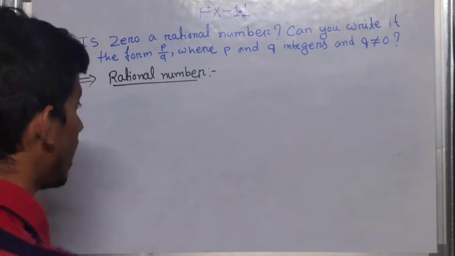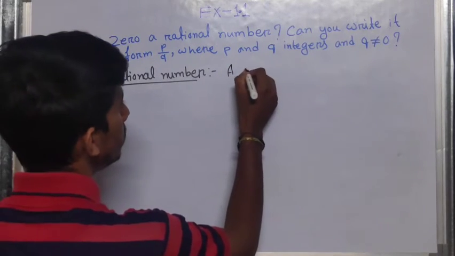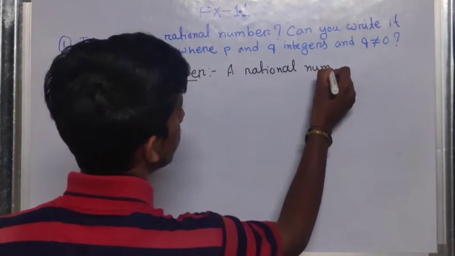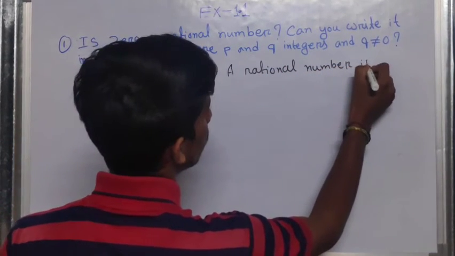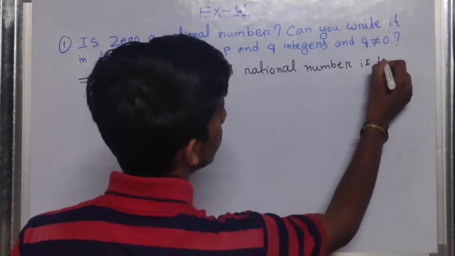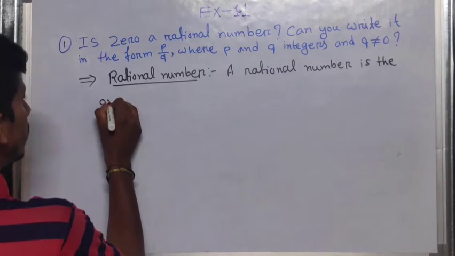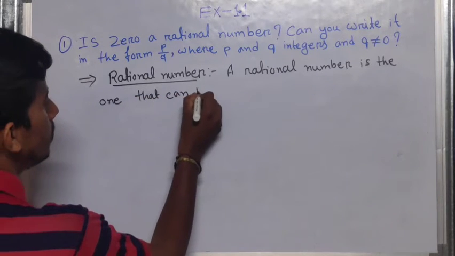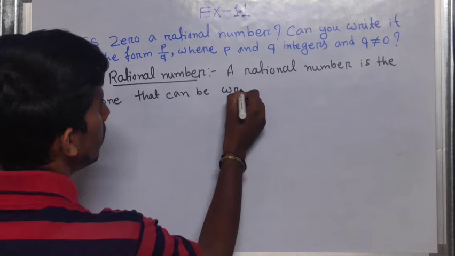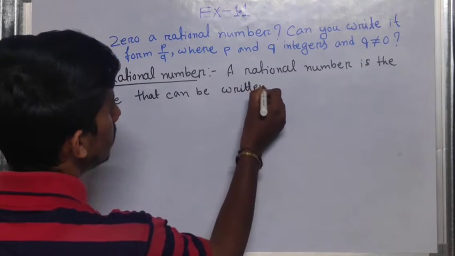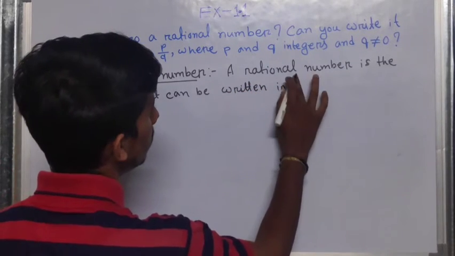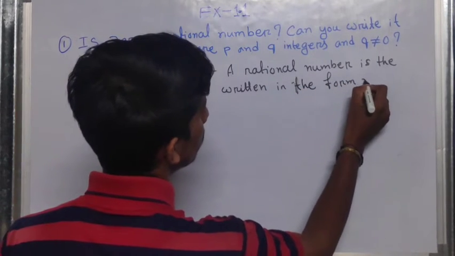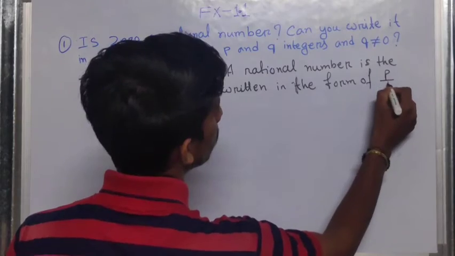A rational number is one that can be written in the form of p by q.